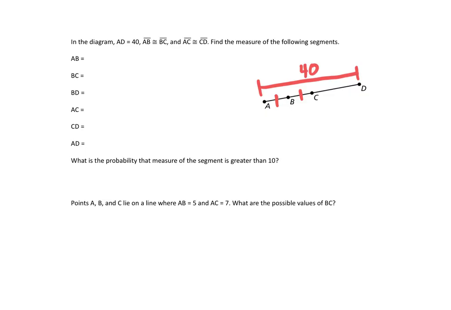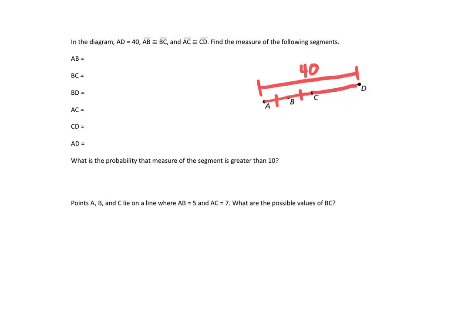Okay, AC and CD are also congruent. So this piece here and this piece here are also congruent. It's a little bit harder to label those two because you're going to put labels on top of labels, but just kind of keep that in the back of your mind. What's that tell me about C from A to D?